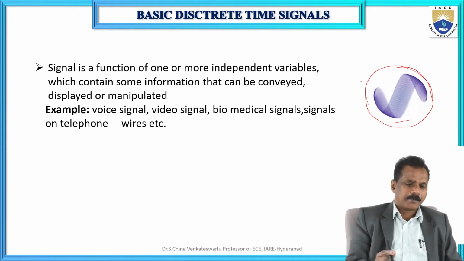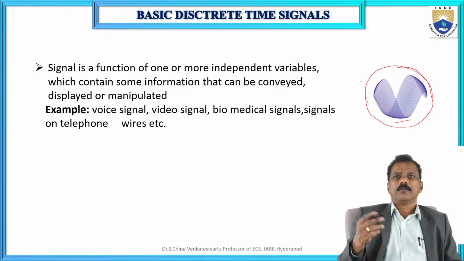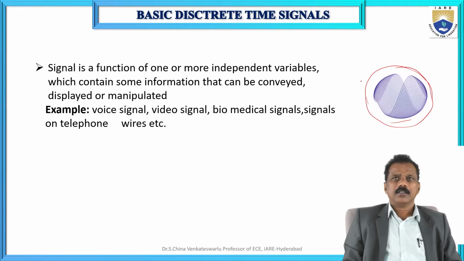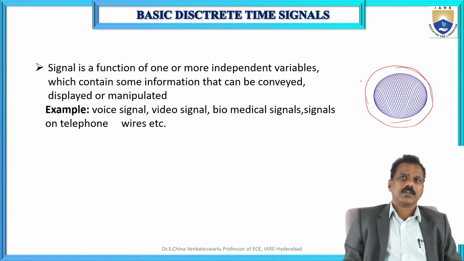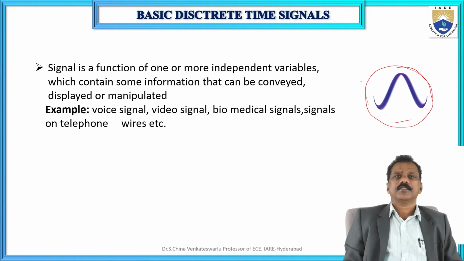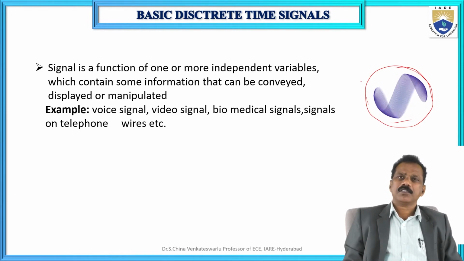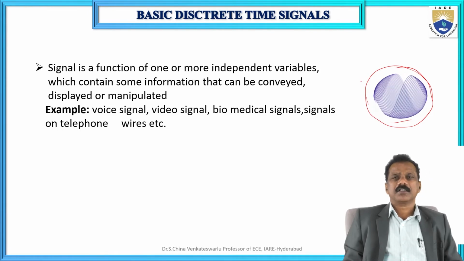Say for example, a voice signal. I am talking about the discrete time signal, basic discrete time signal, and how various real-time signals are functions of one or more independent variables. These are nothing but voice signal, how it varies, and video signal, biomedical signal.